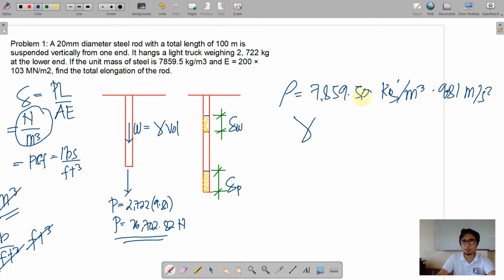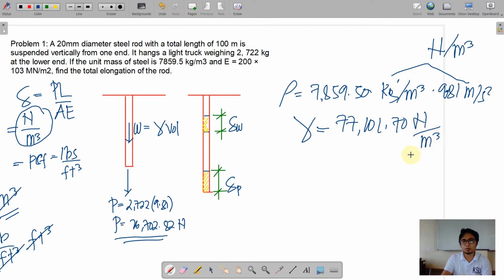So 7,859.5 times 9.81 becomes Newton per cubic meter, which is gamma or unit weight. By that, we'll have 77,101.7 Newton per cubic meter.